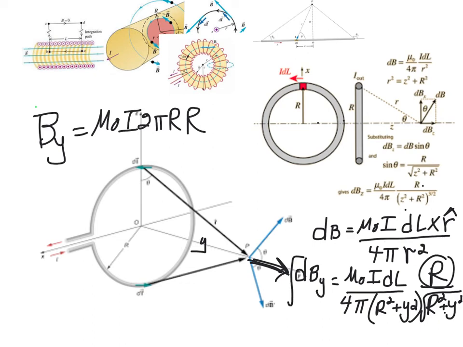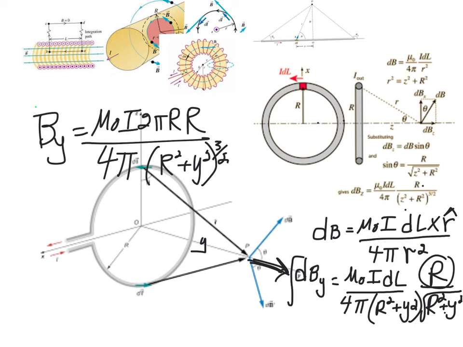And then we have 4 pi, and then we have r squared plus y squared to the 3/2 power. Right, because the square root is there. And so the 2 pi, we'll just leave this as 2.